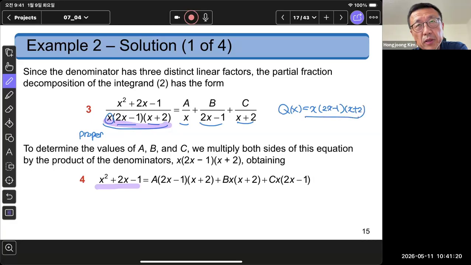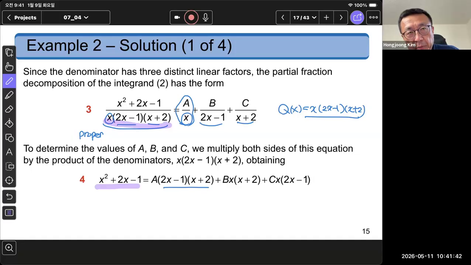When this product is multiplied to the first term, the x in the denominator will be cancelled, right? But since Q consists of three linear factors, the other two will survive. So you get A times the product of (2x minus 1) and (x plus 2). That would be your first term.